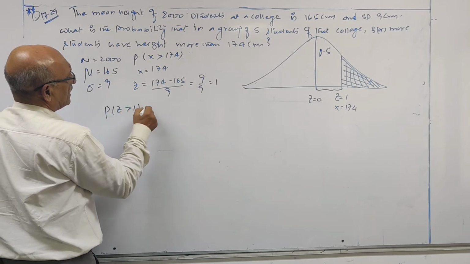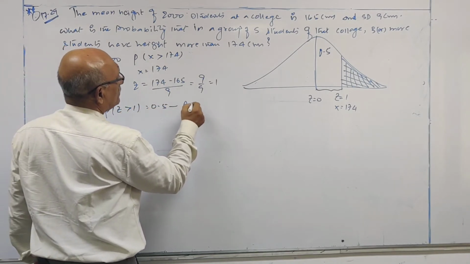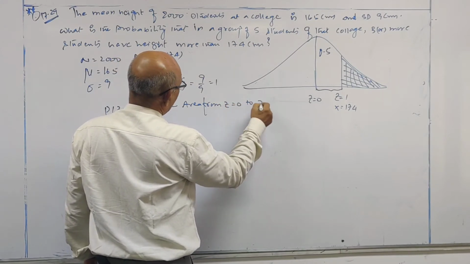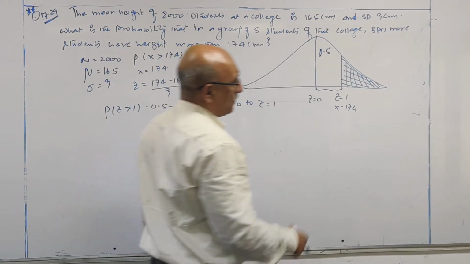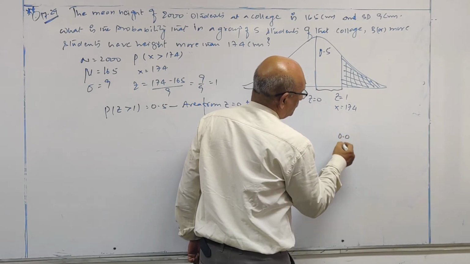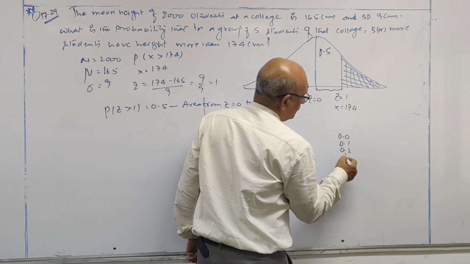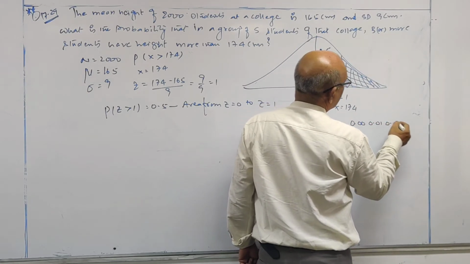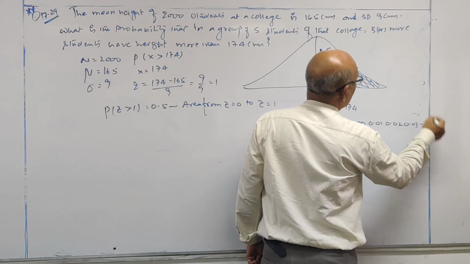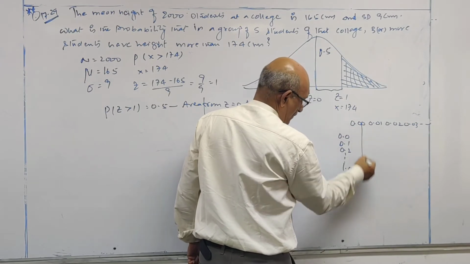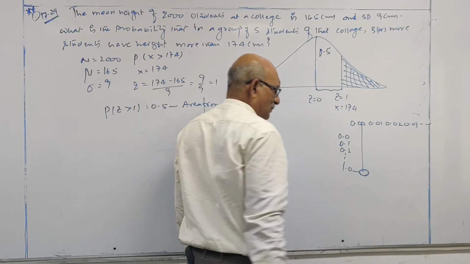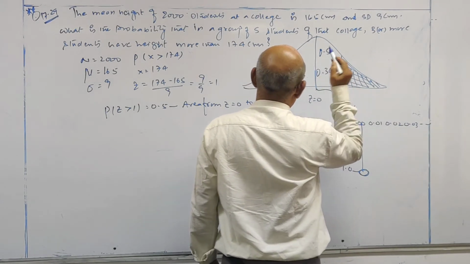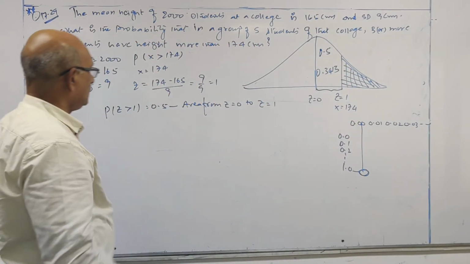Probability of z greater than 1 is 0.5 minus the area from z equal to 0 to z equal to 1. Looking at the normal curve table, here there is a value, 0.3413.